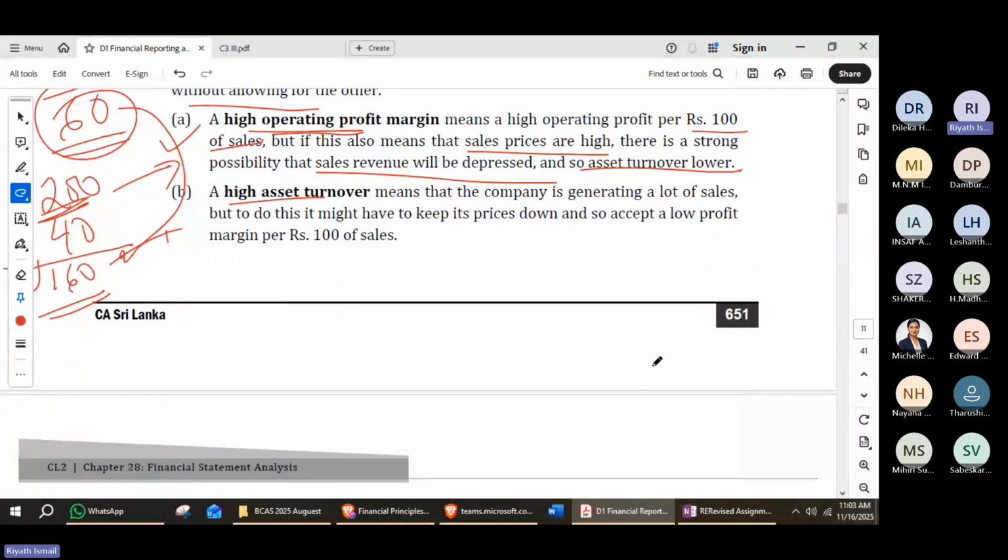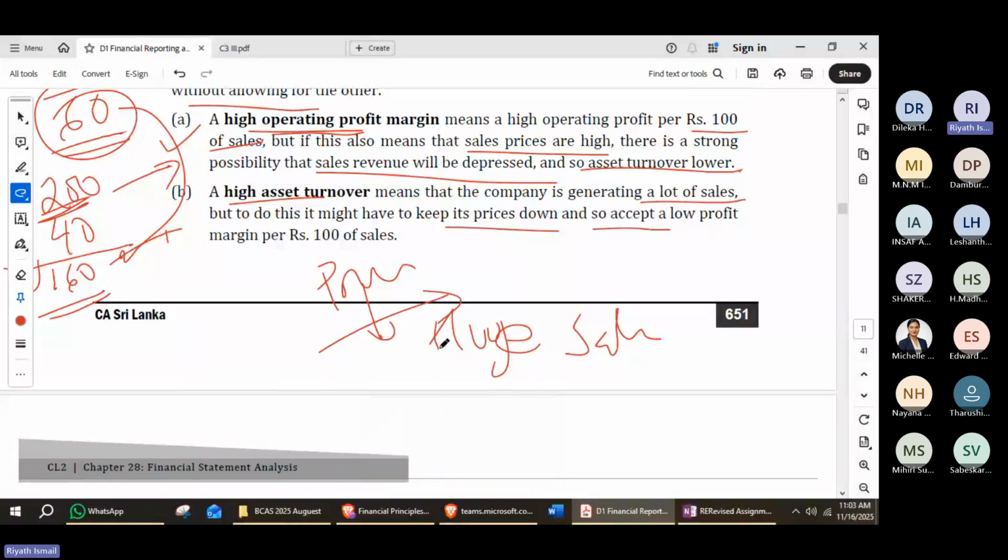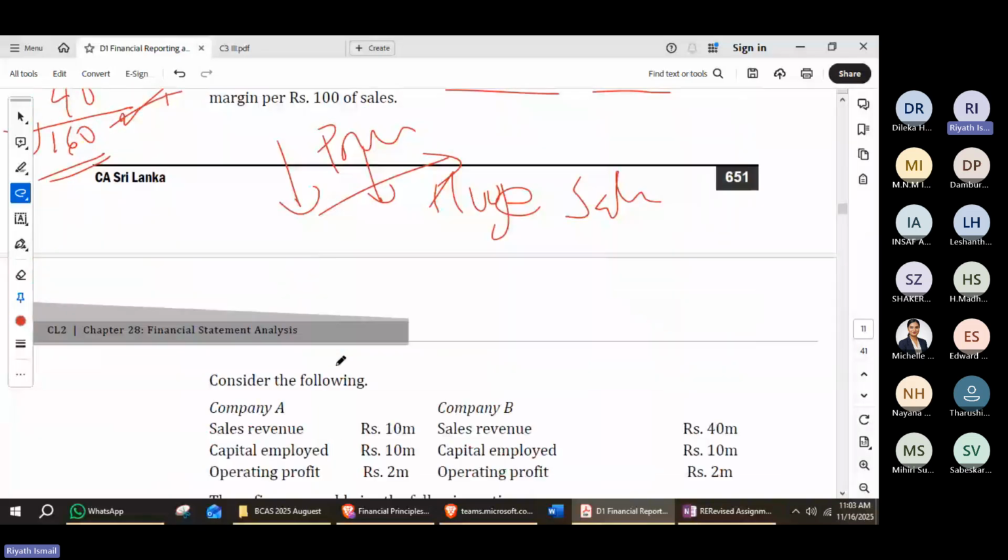And high asset turnover means the company is generating a lot of sales, but to do this it might have to keep the prices down and accept a low profit margin per 100 rupees. So they are making huge sales volume by reducing their selling price. That boosts sales, but their margin may go down.